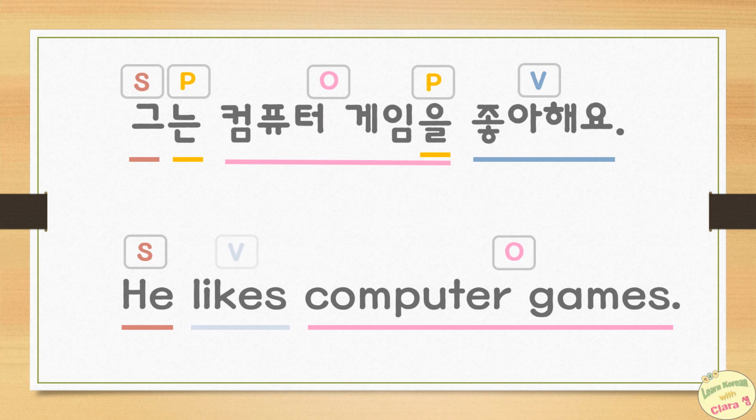While in English, the verb likes is located between the subject and the object. As you can see from this example, the object usually comes before the verb in Korean sentences.